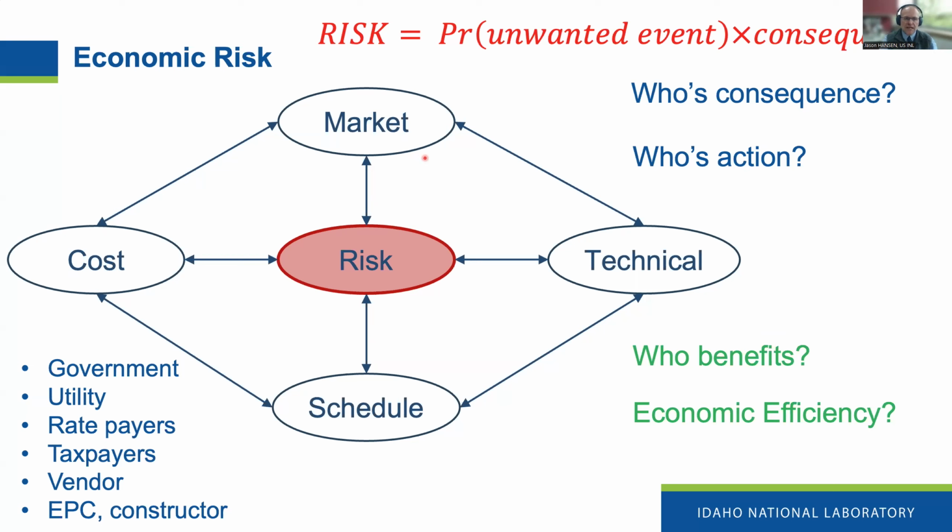And then we're going to link that back to factors that influence that bankability question, like what's in it for the investment community. So from this point moving forward, we're not necessarily going to focus much on technical risk and scheduling risk, although keep in mind that these definitely have a bearing on market outcomes and cost outcomes.